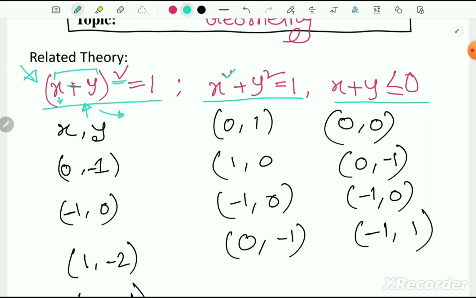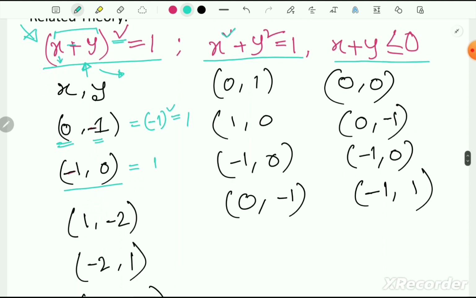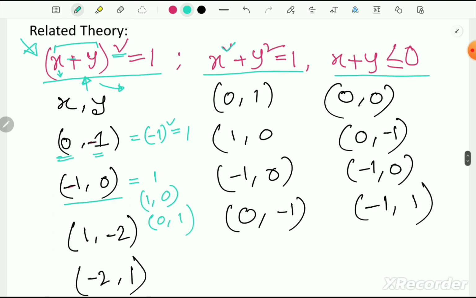If x equals 0 and y equals −1, we get summation −1 and its whole square gives us 1, right? This is one way, and we can exchange the values of x and y. This also will give us 1. Similarly, we can test it for (1, 0) or (0, 1). This also perfectly aligns with the equation given here.